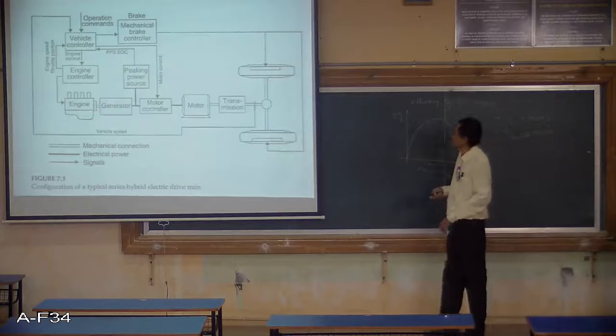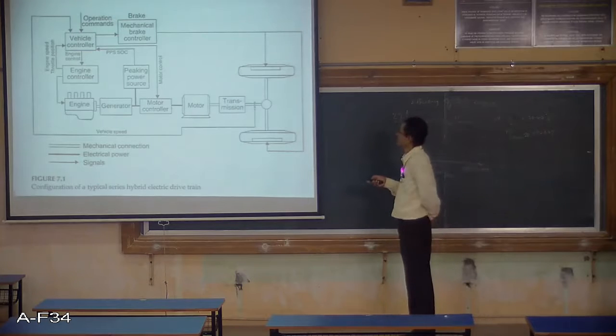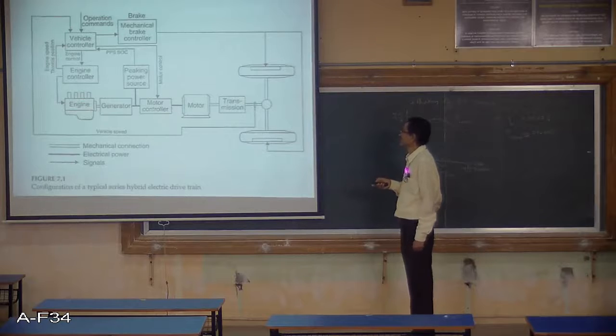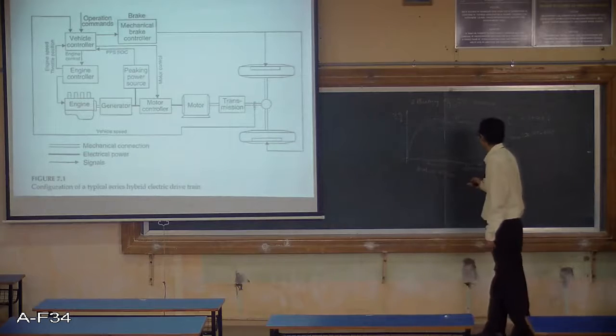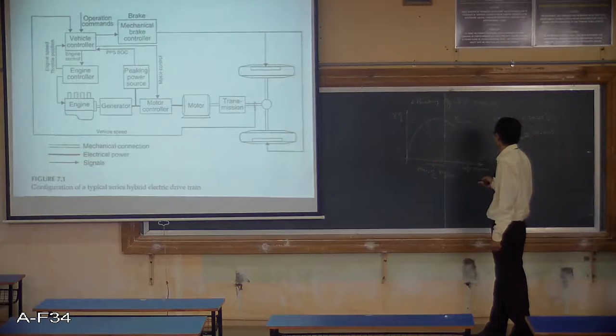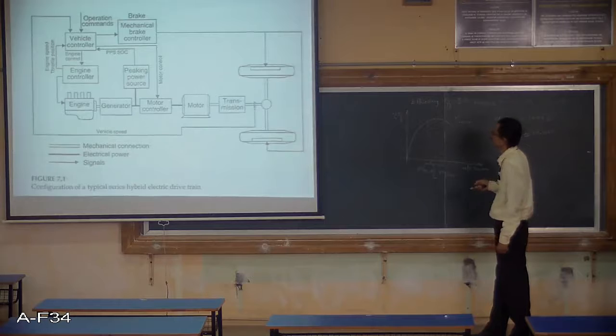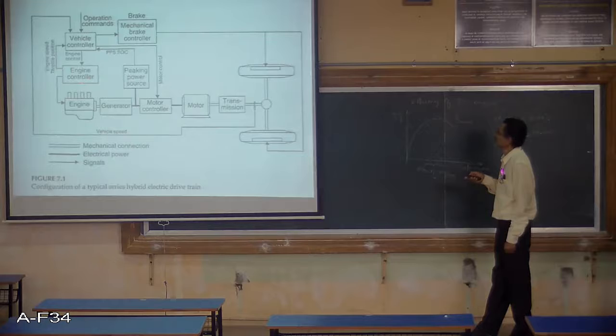Now what we can do here is, this IC engine can run within this output power. You can operate it by suitably controlling the engine controller. This engine controller in turn is controlled and monitored by the vehicle controller.